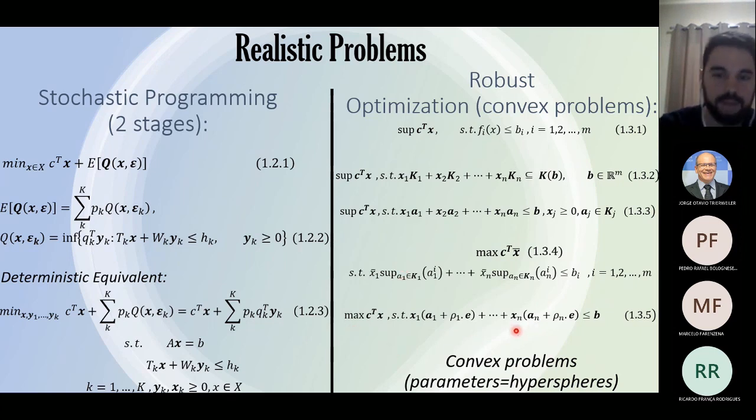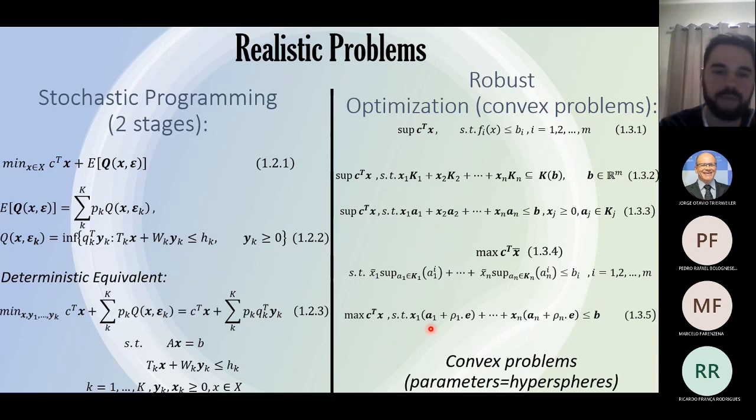The main idea here is to find the best parameters, mainly hyperspheres, okay? So here, you just have to find the best parameter value that will give you the most conservative value of your objective function. This was the first approach developed by Soyster in 1973.